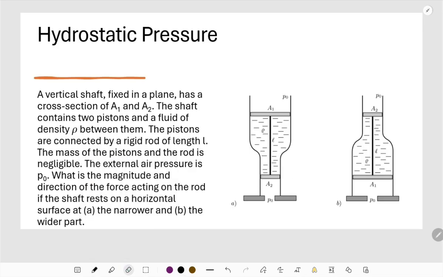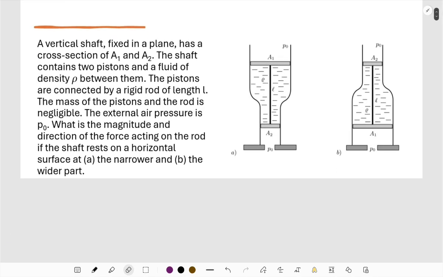So we are going to solve it simply. We don't need to think much. It's a problem of statics. So we should keep in mind that, consider anything, but net force on it should be equal to 0. So in the first case, that is part A of the problem, I would like to consider that water pressure is at the upper piston.